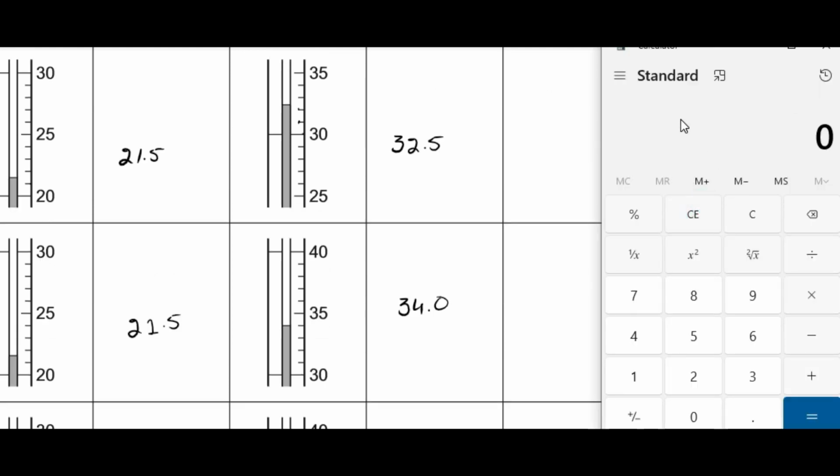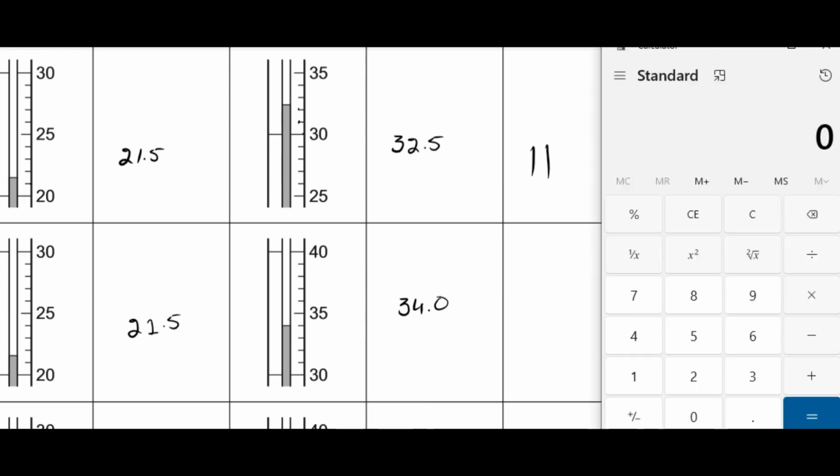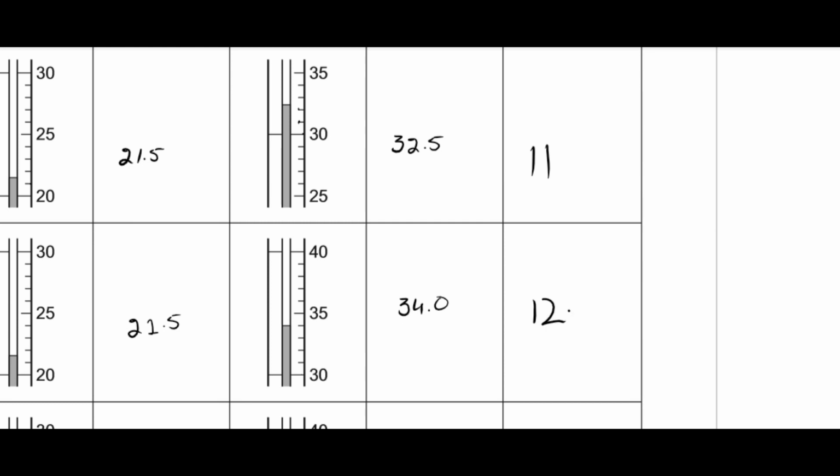Next, the final temperature is 32.5 Celsius and the initial temperature is 21.5. Subtracting 21.5 from 32.5 results in 11. Next, the final temperature is 34 Celsius while initial is 21.5. Subtracting 21.5 from 34 results in 12.5.